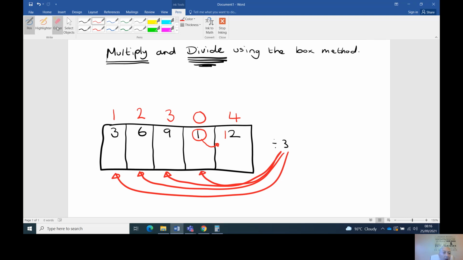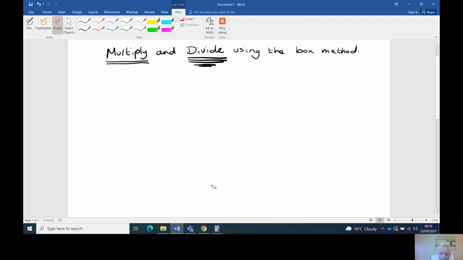So let's have another example. Get rid of all that. So what about 2, 7, 8, 9, 5 divided by 5? And we're going to make a bigger number here soon.